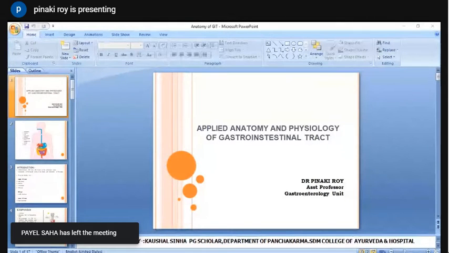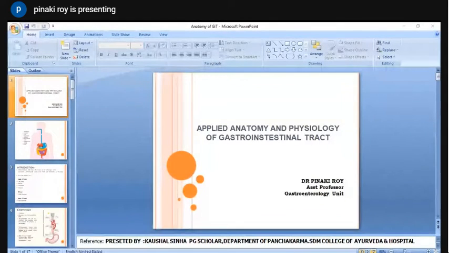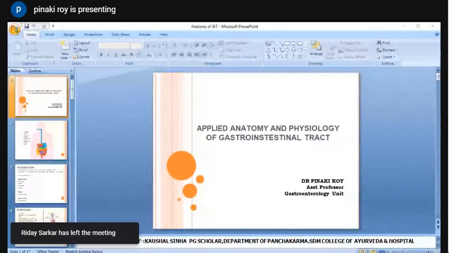So, to start with, the anatomy of the GI tract. All know the GI tract is one of the most important systems in our body, and out of the common patients you see in day-to-day activities, around 80% have some GI complaints. Sometimes patients say they have gas problems and all those things.